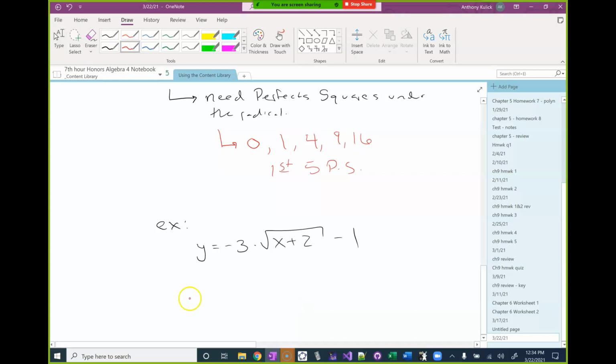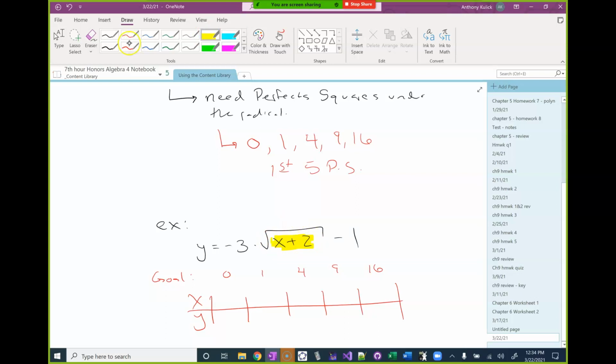I have 5 points in my XY table every time, where my goal value, the value that I want underneath the radical, is going to be the perfect squares. So look at what I have under the radical. What value of x do I need to choose to get 0 under the radical? -2. Right? Because -2 plus 2 will give me 0 underneath the radical.